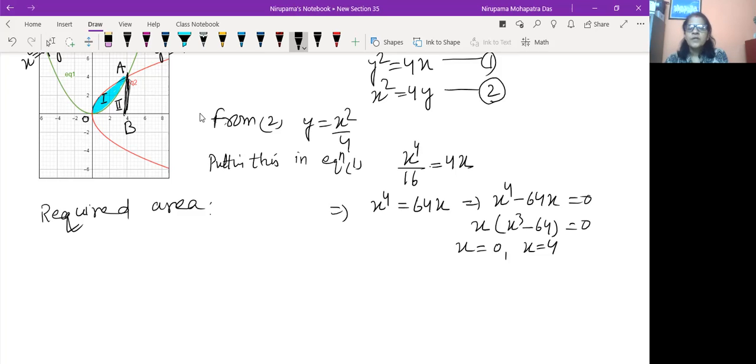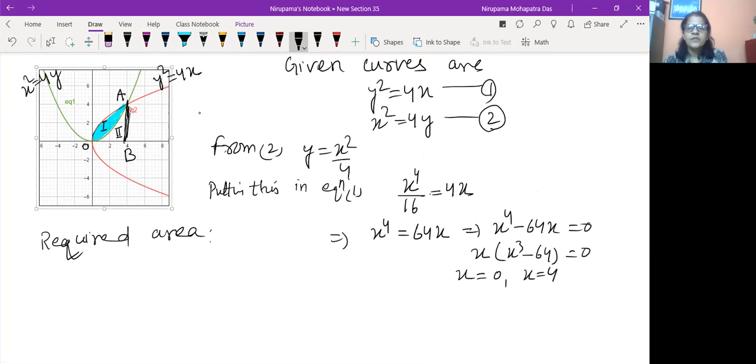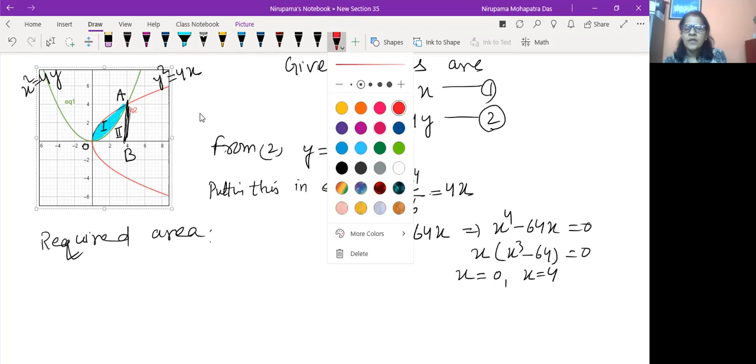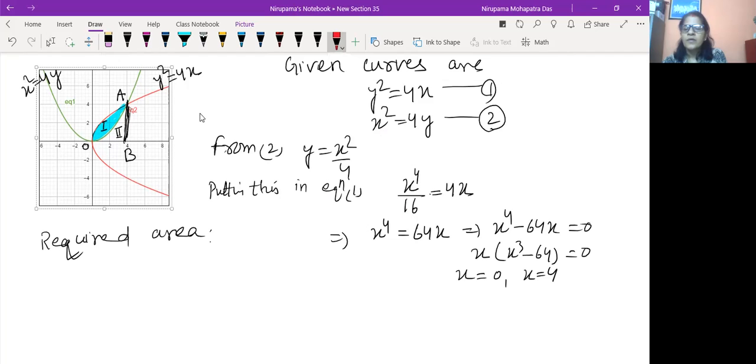Now the area of the region bounded by y square equal to 4x, what is this? You can take it from here, y equal to 2 root x. This one is y equal to x square by 4, because we need y equal to f of x format.